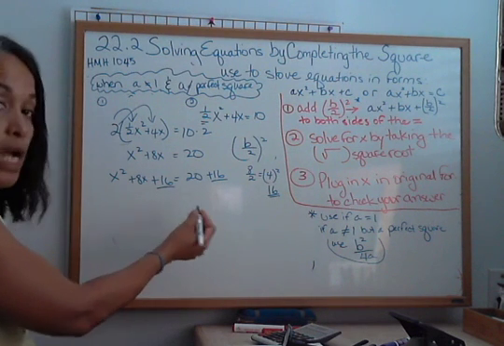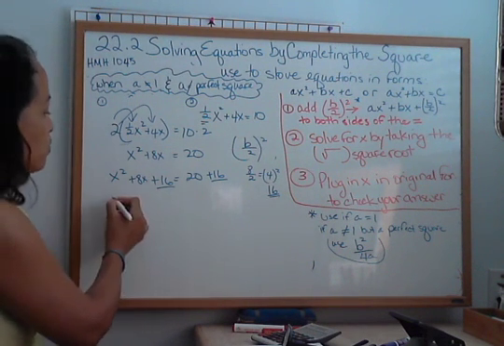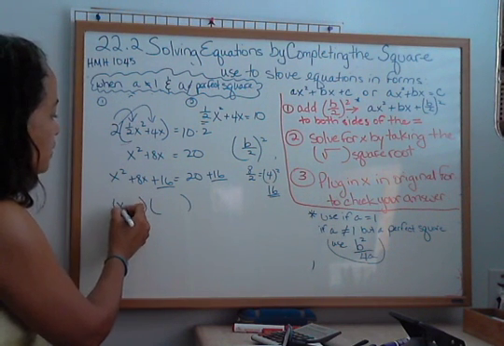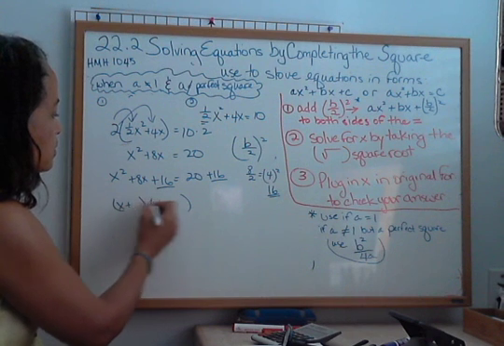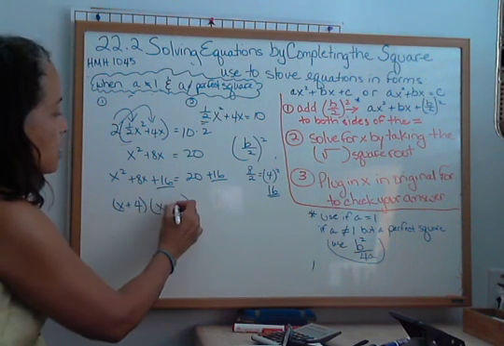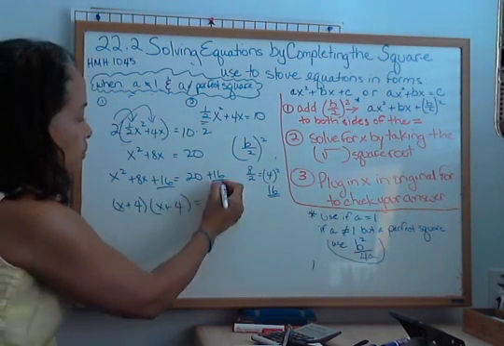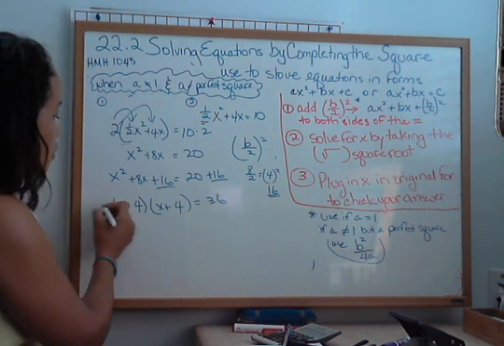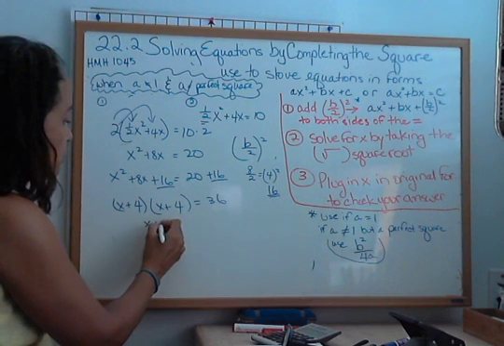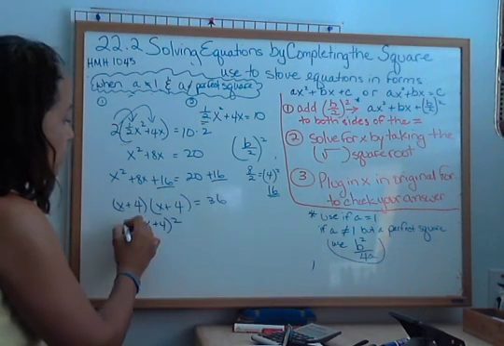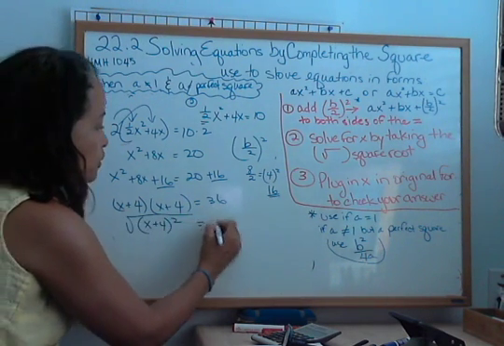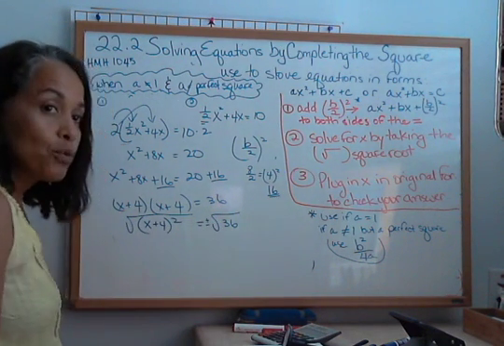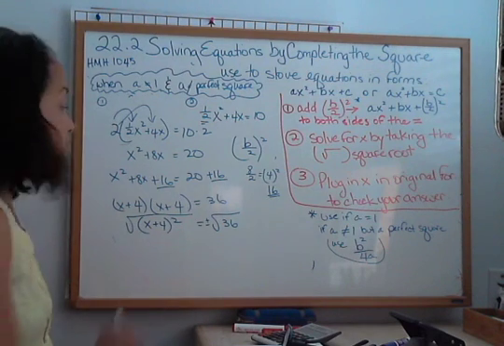Now a perfectly squared trinomial. So I have x plus 4 squared equals 20 plus 16, 36. So this is also x plus 4 squared, and I want to take the square root of both sides to solve for x. So I have to take the square root of 36. Hopefully by now you know that's 6.